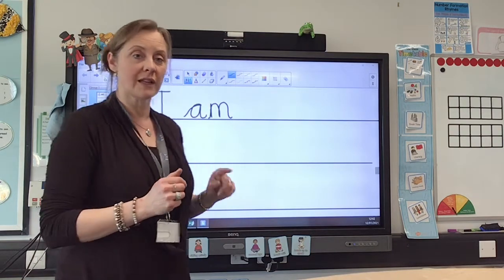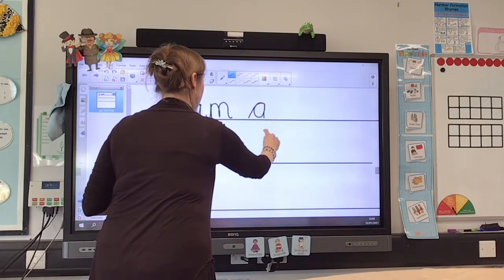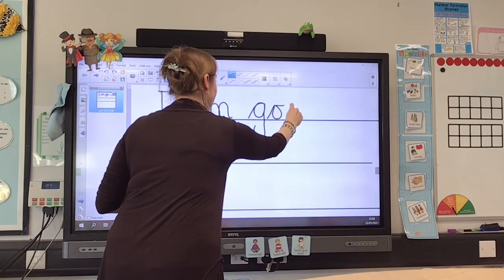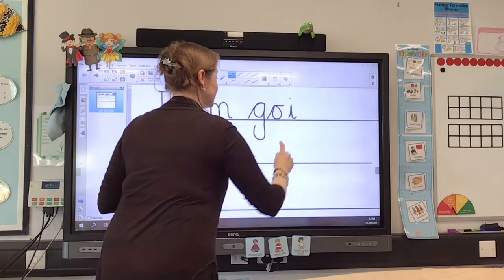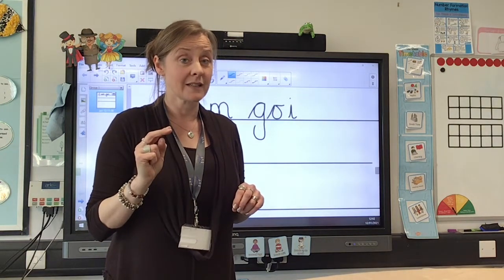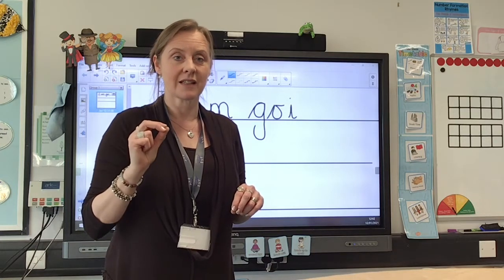Let's have a look how to write that together. It starts with a g. O, i. Now, the next 2 letters are special friends. Do you remember thing on a string, the ng sound?